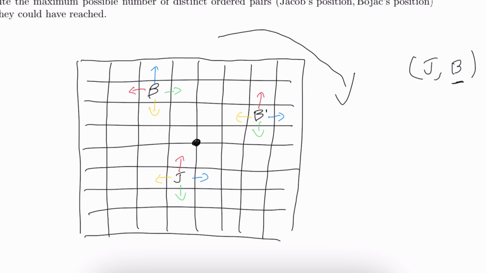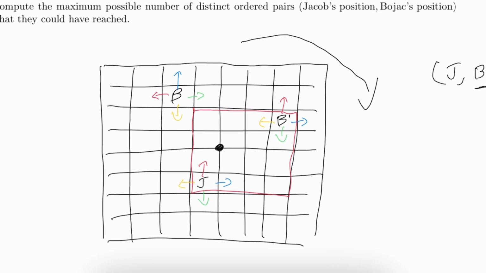You can sort of imagine, because they are moving in the same direction, a box bounding them, where they're the corners of the rectangle. That's the smallest rectangle that surrounds them. Then any move really just moves the box. We can think of it as just moving the box instead.